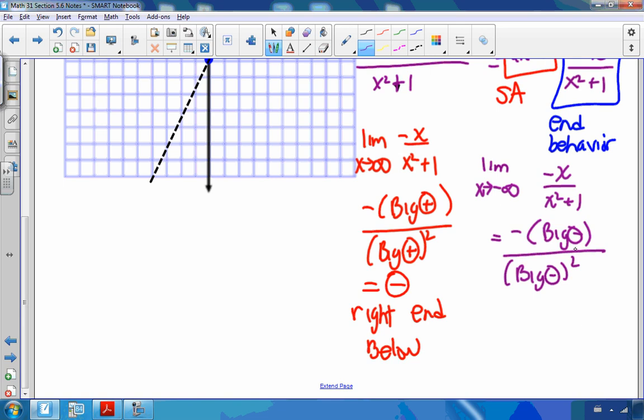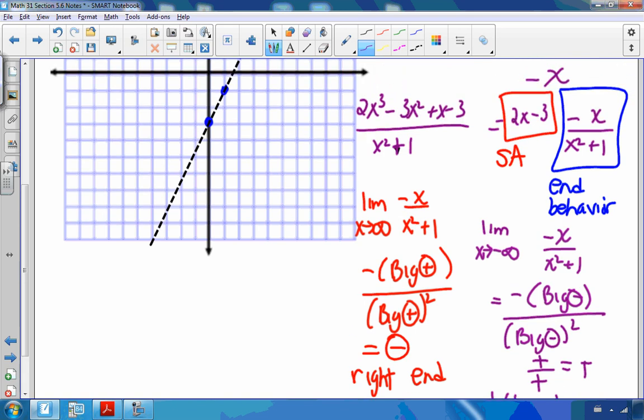So a big negative, two negatives make a positive, over a big negative squared is a positive. So that whole thing will be positive. So looking at this on the left end of my graph, since it is positive, my curve will be above the slant asymptote. So on the left end of my graph, the curve will be above.